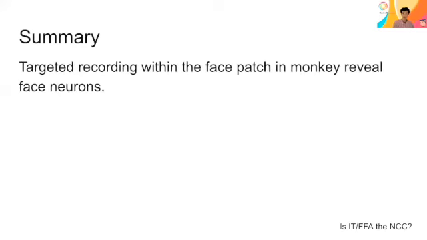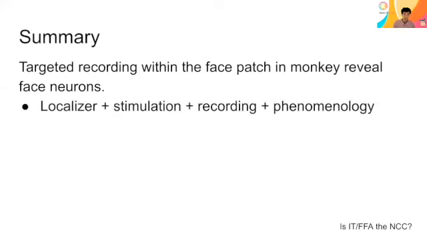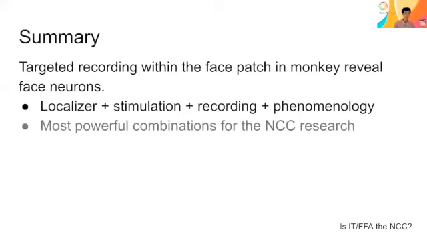Doris Tsao's fMRI-guided recording in monkey IT also showed that face neurons are almost exclusively found within the face patch. So combining localizer fMRI, electrical stimulation, neural recording, and phenomenological reports from patients is highly likely to be the most powerful combination for NCC research.